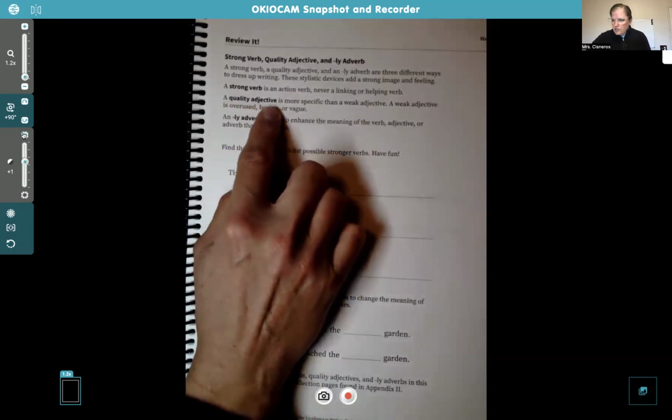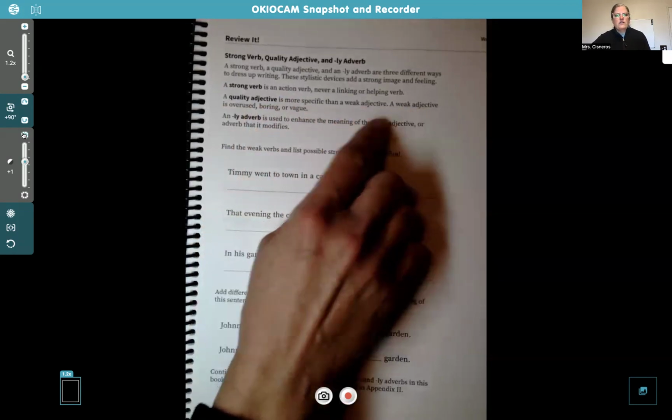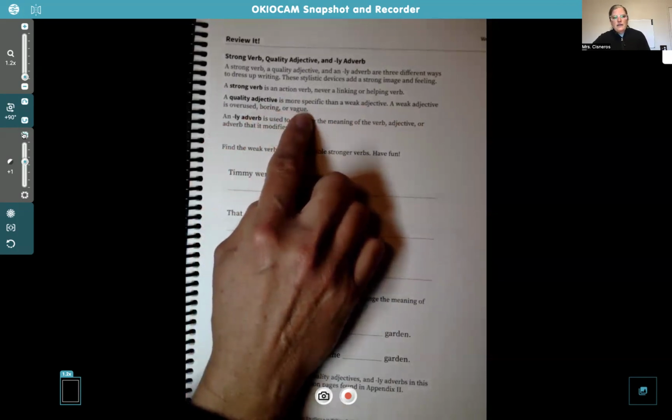A quality adjective is more specific than a weak adjective. So a weak adjective is overused, boring, or vague, meaning like on our banned words list with good and bad, those are weak adjectives. So we can use other words that are better for good, like fantastic or fabulous or wonderful, awesome, those types of words.